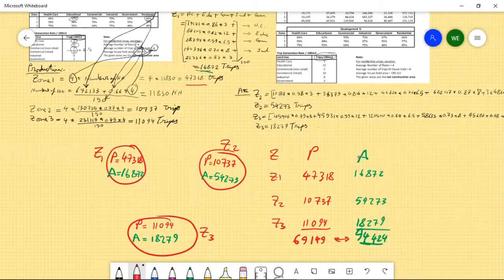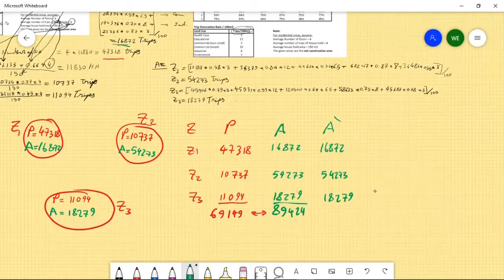The attraction, that's a potential trip. But the production, that's kind of a deterministic trip. So now we have to balance the production and attraction. So what shall we do? We are going to adjust the attractions to be balanced.